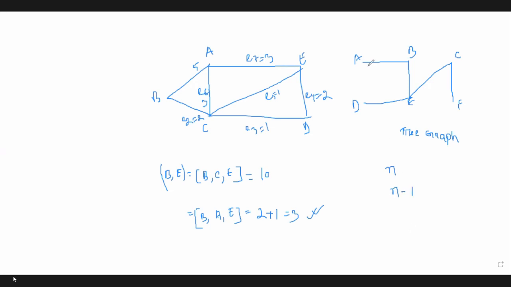So how many nodes are here? 6 nodes: A, B, C, D, E, F. And how many edges are here? Only 5: E1, E2, E3, E4, E5. So in a tree graph, all the paths are unique simple paths, and the number of edges is 1 less than the number of vertices. Is it clear?